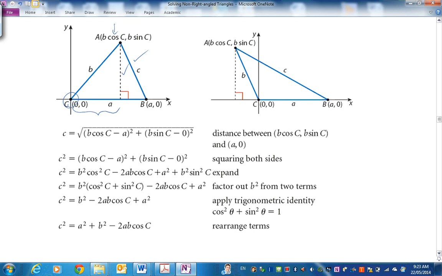The x-coordinate over b is the cos of angle C, so it's b cos C. The y-coordinate over b is the sine of C, so y is b sine C. And if this side is a, point B is going to be (a, 0). And we can do the same situation over here, and that will still be the same even if this angle here, angle C, is obtuse.